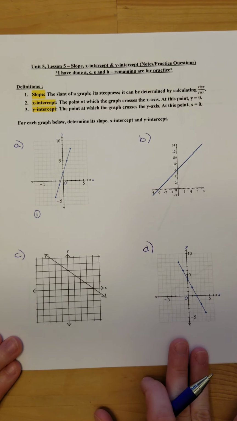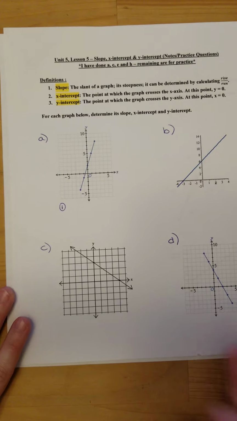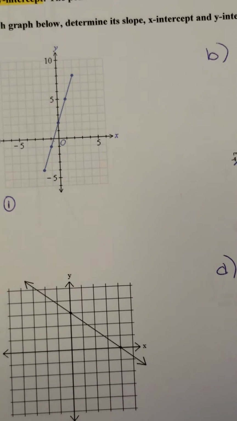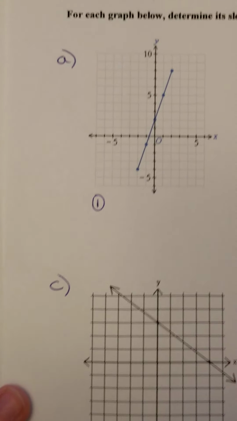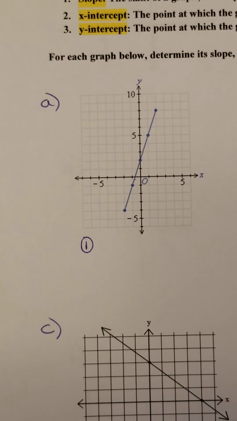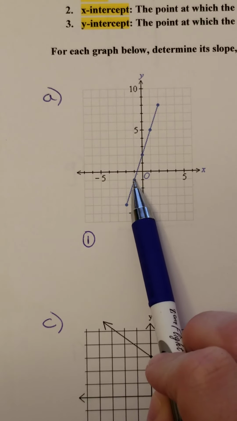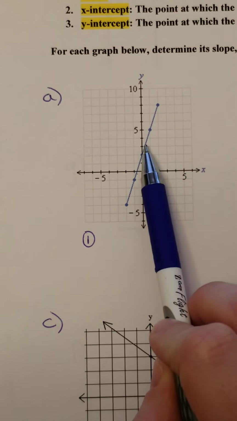So to determine slope, we're going to do rise over run. I'm actually going to zoom in here so you can see closely what I'm doing when I talk about rise over run. Okay, so when you're calculating slope or you're trying to find the rise over run, what you do is you have to find 2 perfect points on a graph. And a lot of times when I give you a line, I will draw in for you perfect points.